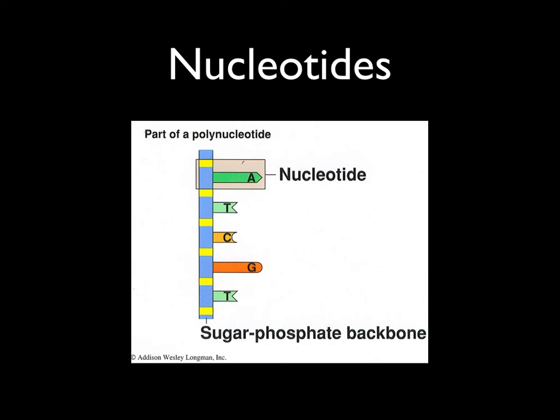Also notice in this figure that there are 4 different nitrogenous bases, each represented by a different capital letter. A represents the base adenine, T, thymine, C, cytosine, and G, guanine. Let's take a closer look at each of the 4 nitrogenous bases found in a DNA molecule.